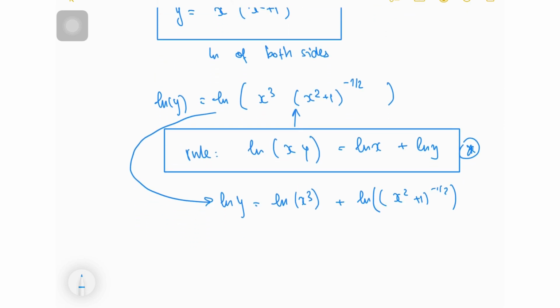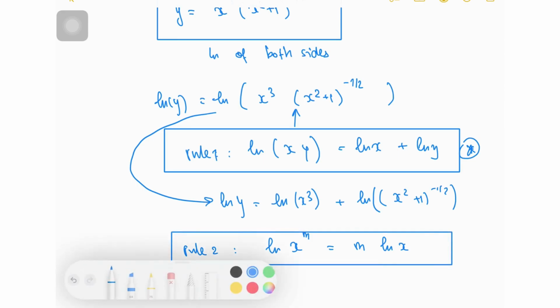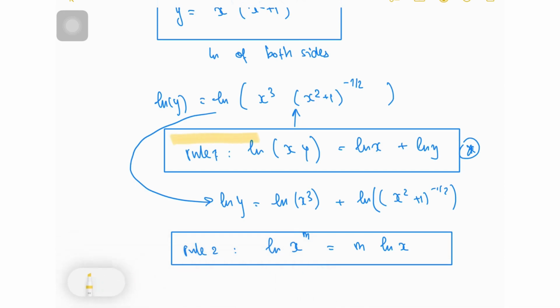And we still can simplify this because we have another rule. Let's say this is rule 1, this is rule 2: ln of x to the power m is m ln x. So I will also highlight these rules. These rules are important for the applications.